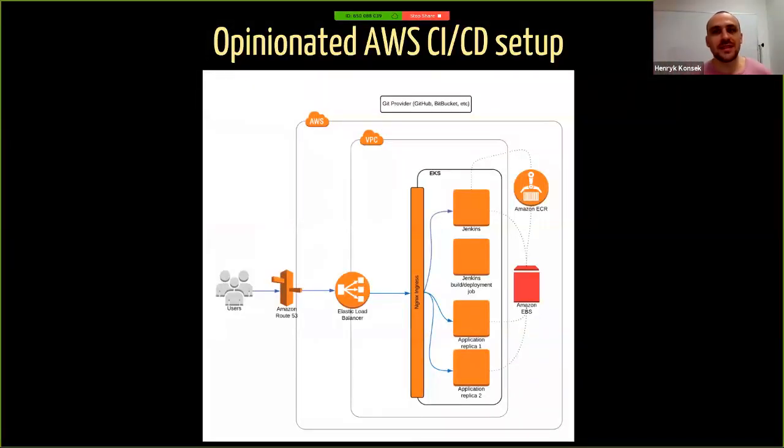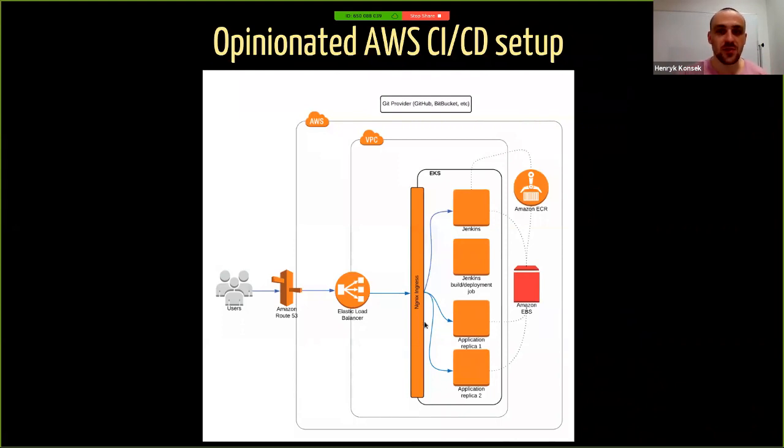When it comes to the opinionated setup for AWS in particular, it means that Jenkins X will create a CI/CD story for you that will use Route 53 to connect to an application load balancer to receive HTTP requests coming to a certain hosted zone on Route 53, and forward them into an Elastic Load Balancer, which is in turn connected to the Nginx ingress controller installed in your cluster.